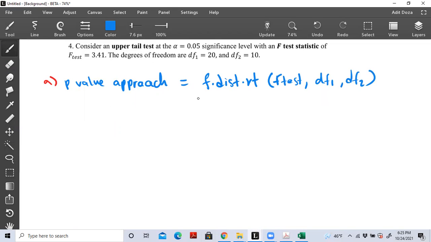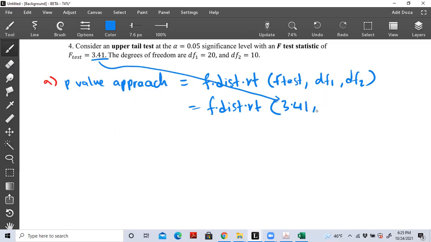You have to do this in Excel. The F-test statistic is 3.41, right? What's degree of freedom 1? 20. And degree of freedom 2 is 10.